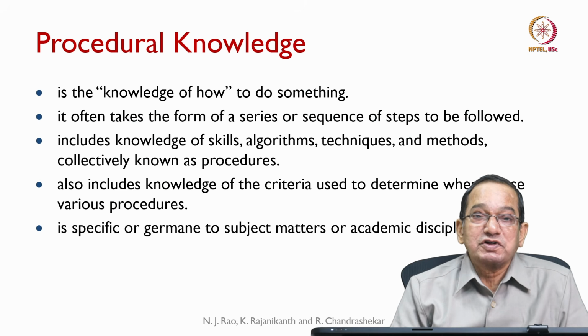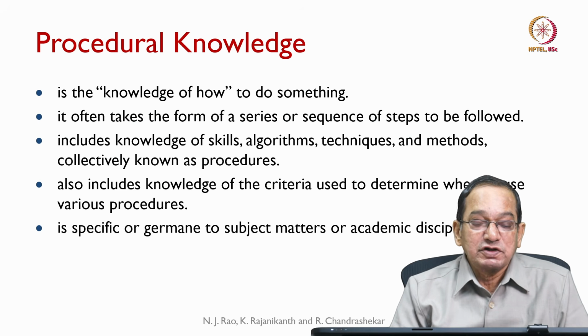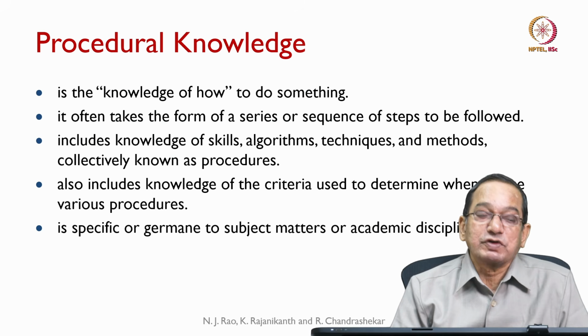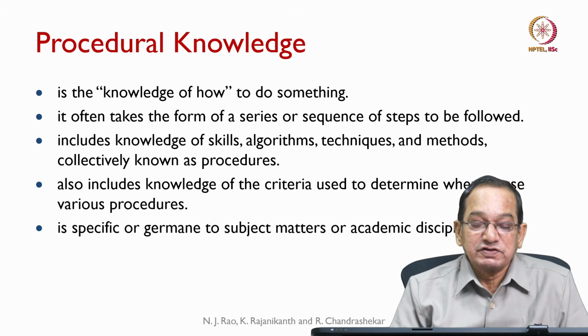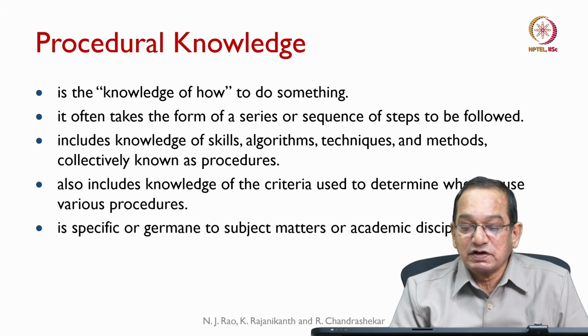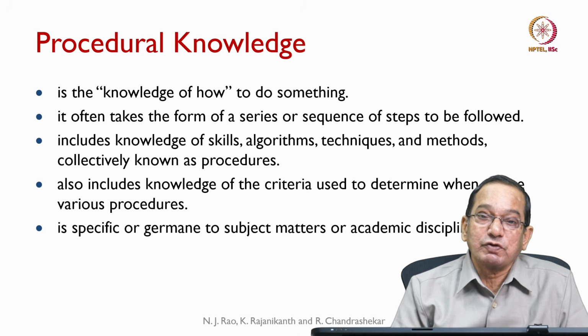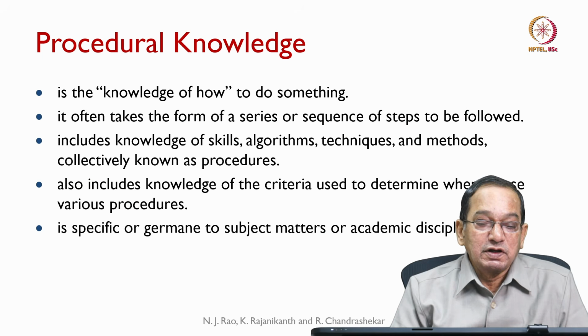Both factual knowledge and conceptual knowledge deal with what. Procedural knowledge deals with how. So it is the knowledge of how to do something. It often takes the form of a series or sequence of steps to be followed. The steps could involve decision making and branches, but primarily procedural knowledge consists of a sequence of steps.